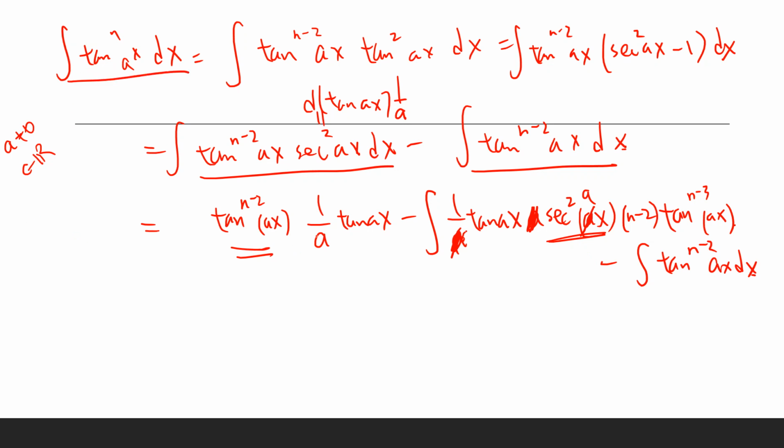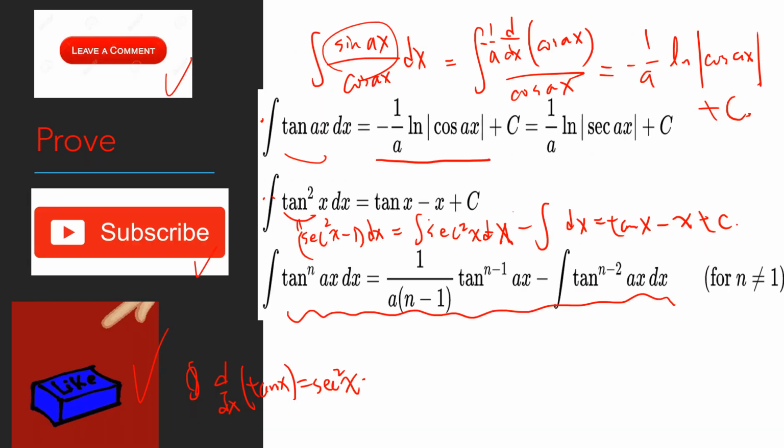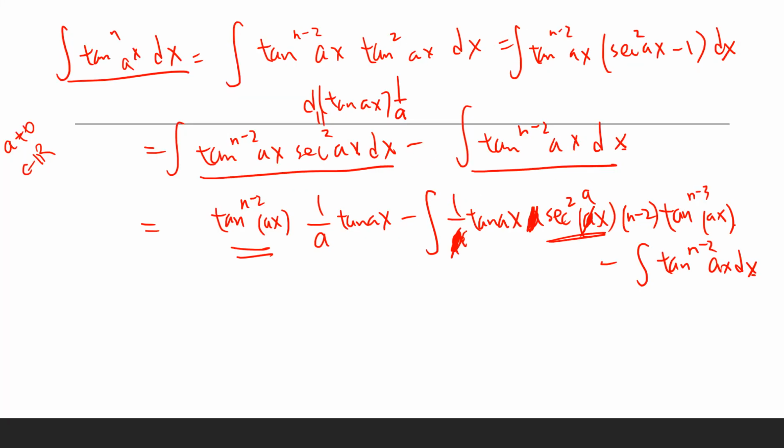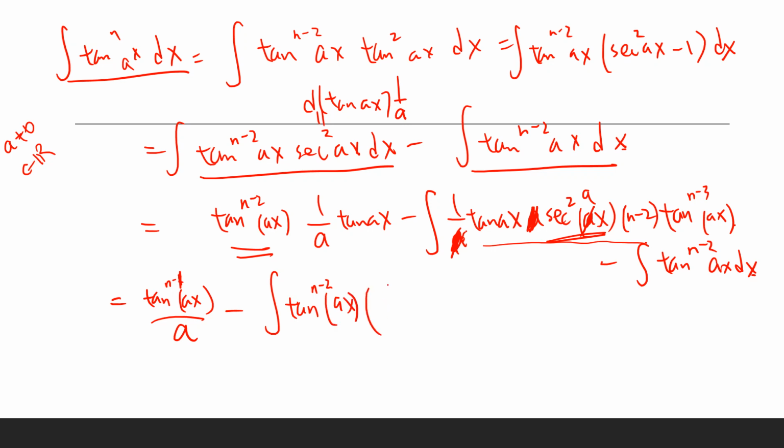Okay, so it looks like that we have a similar term, right? But we need to somehow change the rest of this term. So let's see carefully what it is. So this is tangent n minus 2 ax, and the second one, right?